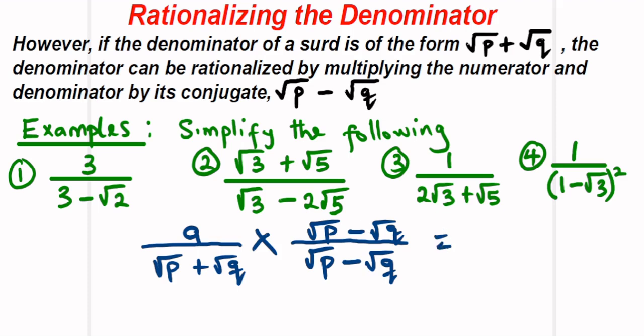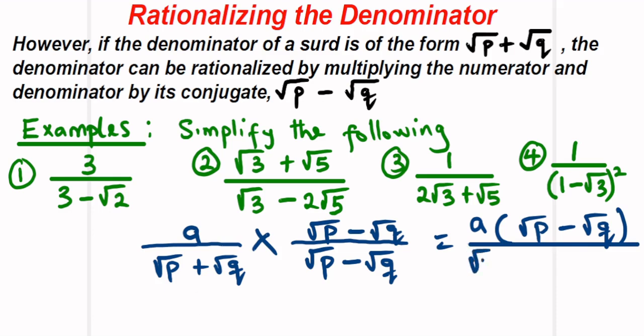That way we get a in brackets root p minus root q all over the denominator. Remember that root p plus root q is multiplied by root p minus root q.